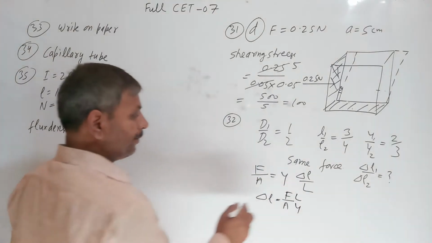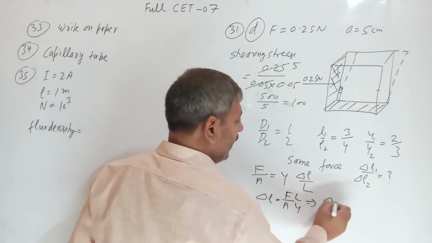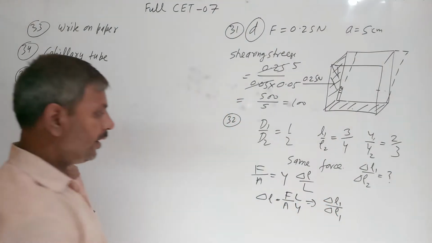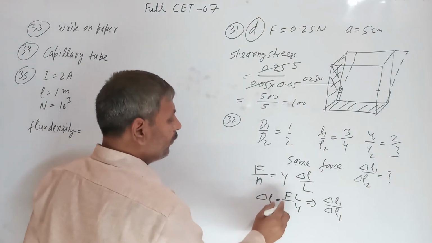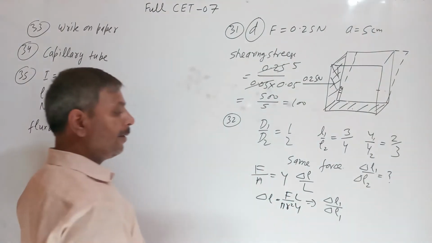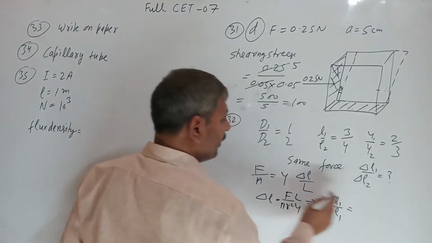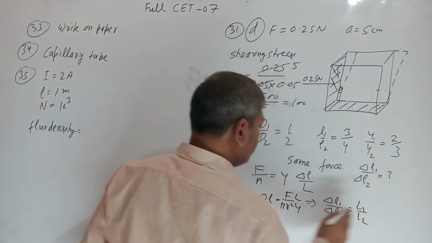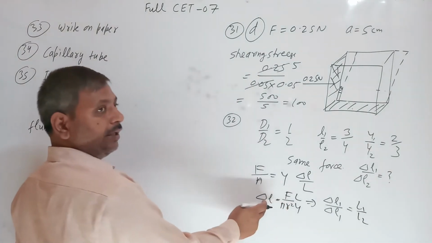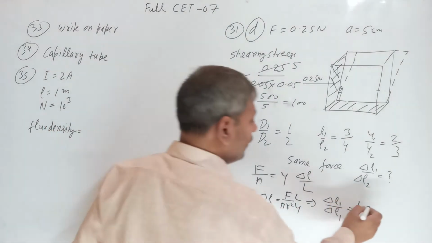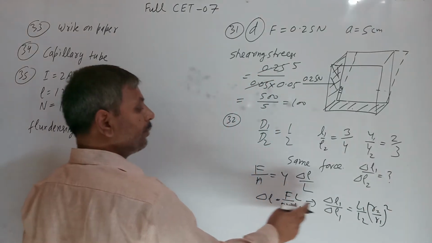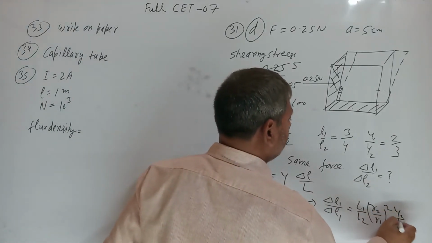So see here, F is same, so del L1 upon del L2, and area is equal to pi r square. Here we can see force is same, F cancels out, so del L1 upon del L2 is proportional to L1 upon L2, inversely proportional to r square, so that is r2 upon r1 square, and inversely proportional to Y, so Y2 upon Y1.